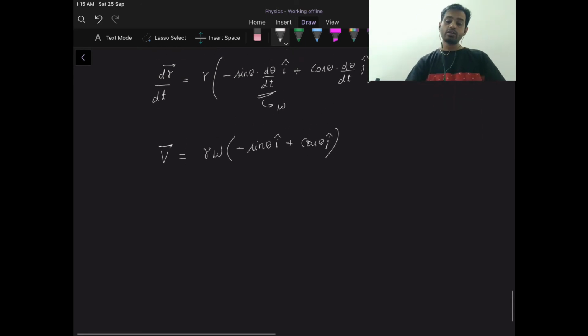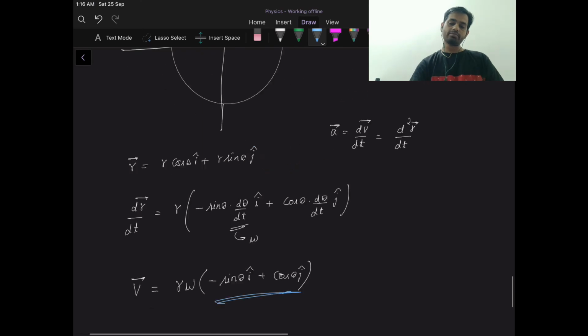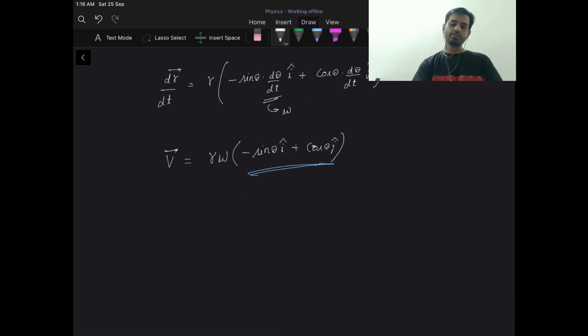Okay. So what is this vector? If you try to look at this vector, what is this vector? This vector we have already seen. See, it is et cap, right? So this velocity vector we can write like this also. This is r into omega into e t cap, right?